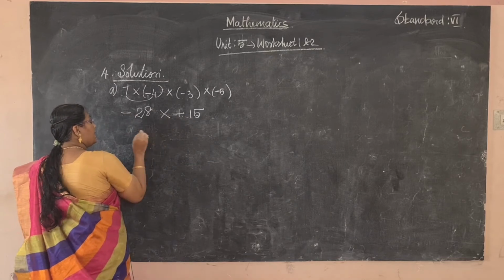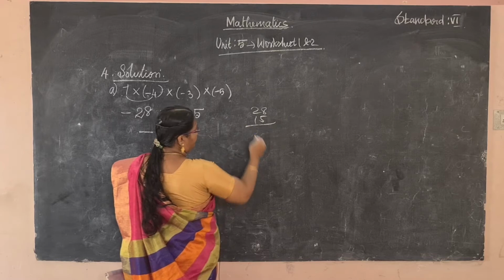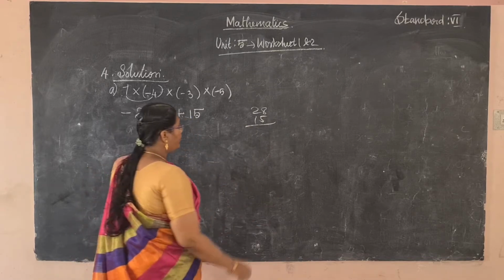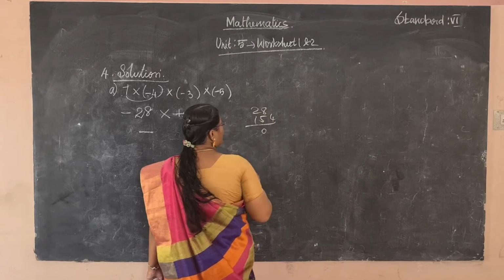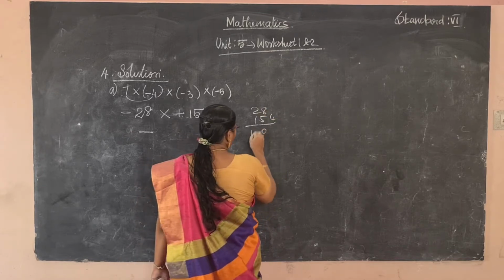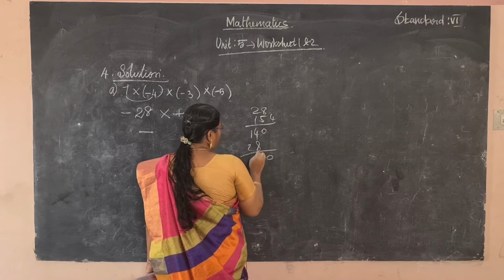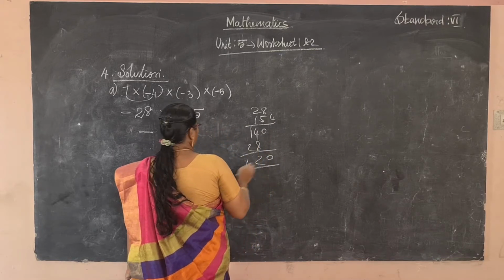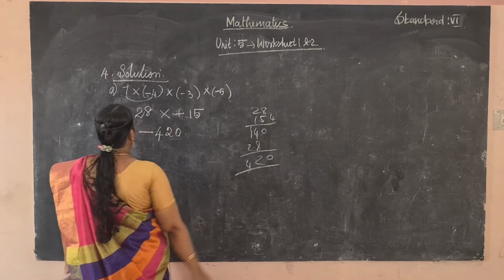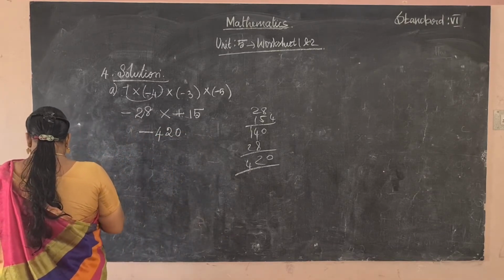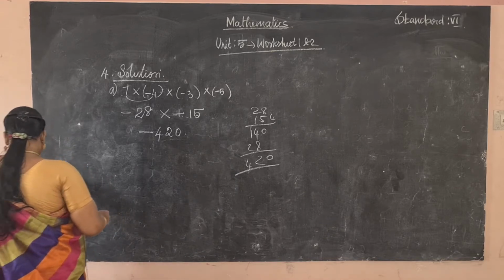Now plus into minus is minus. Multiply 28 fifteens: 5 eights are 40, 5 twos are 10, 10 plus 4 is 14, and 8 2 0. So 420 is the answer. So minus 420.